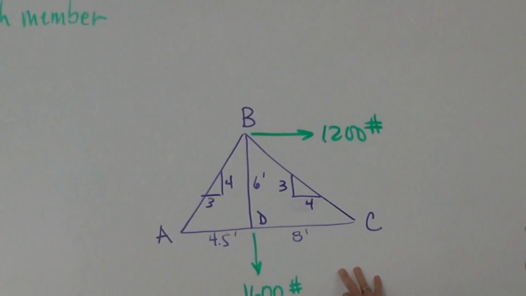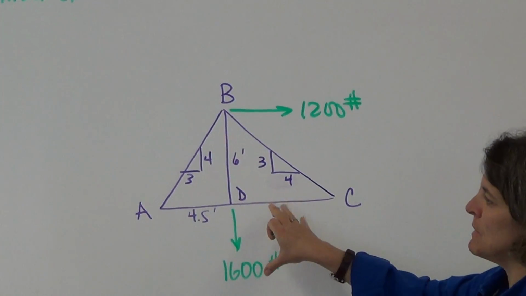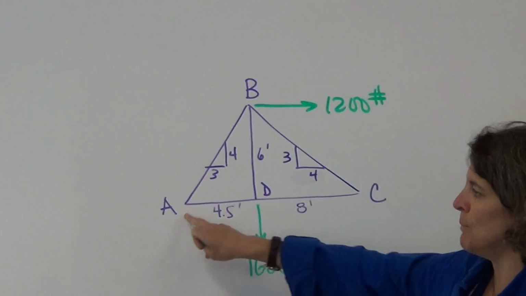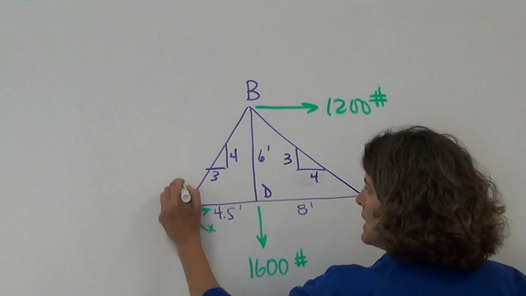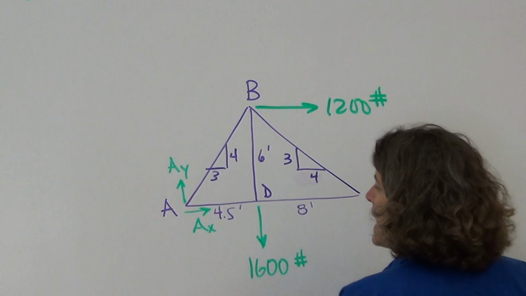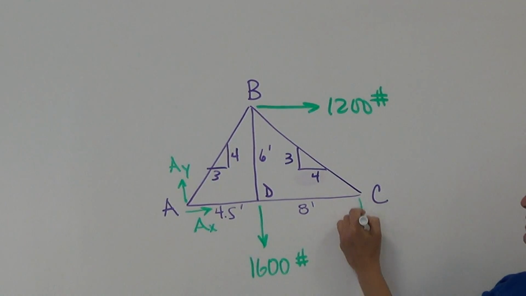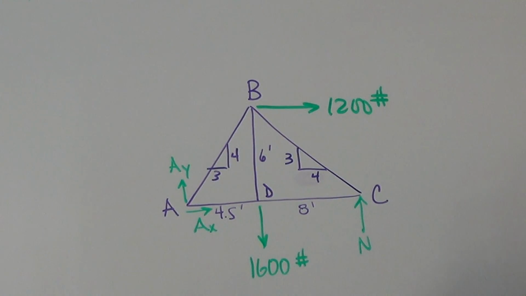So first thing we do is we take the whole structure away from its main supports. And we saw that at point A, there's a pin. So I'm going to put an AX here and an AY, because those are the reactions at a pin. And at C we saw it's a roller, so I'll just call it N for normal, or you could call it CY.